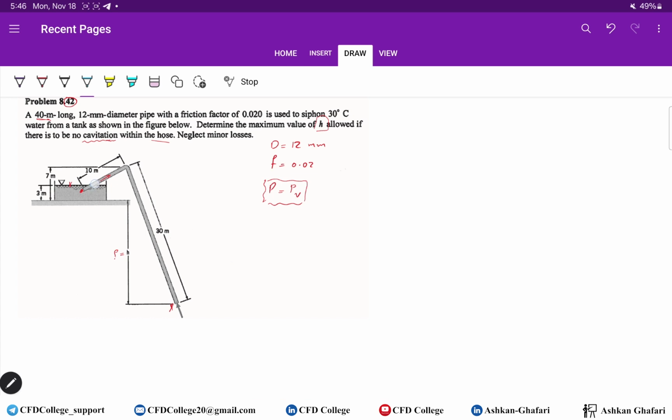Because we are moving upward, this means that the pressure decreases. Why? Because as you know, in manometers, for example, when we go up, the pressure decreases, and that's why we subtract the pressure. For example, in manometers we have this minus here, and for example gamma H. It means the pressure is decreasing as you move upward.